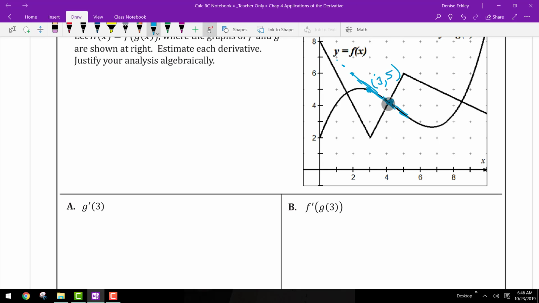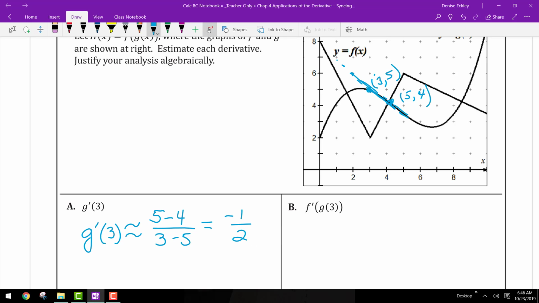That's going to be the other point I used, 5, 4. So I'm going to find the slope of that tangent line. So g prime of 3 is going to be approximately equal to 5 minus 4 over 3 minus 5. So I get -1/2. Okay, so I'm going to erase that on the graph so my graph doesn't get too crazy.